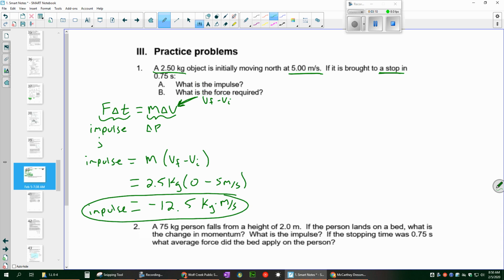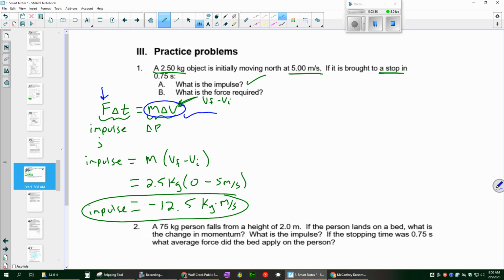Now the second part. We got that one. Now it says, what's the force required? Okay, so the force required, what do you guys think here? Looking back at this equation, can we do that now pretty easily? Can we just move change in T over? Right, exactly, because we just found this. That was our impulse, or change in momentum. If I want to find my force, I just need to divide both sides by T, that change in time.